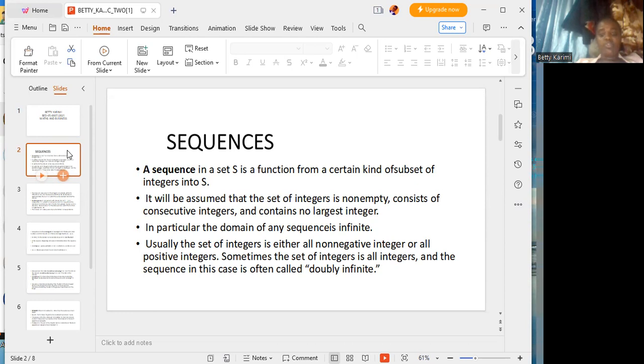Usually, the set of integers is either all non-negative integers or all positive integers. Sometimes the set of integers is all integers, and the sequence in this case is often called doubly infinite.